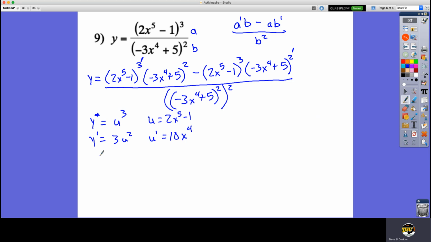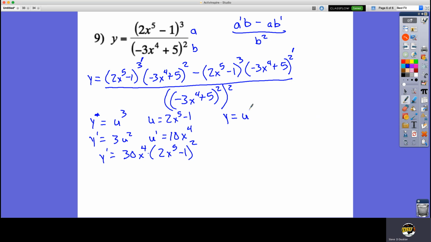All right, so we multiply these together. Y prime is 30x to the 4th times 2x to the 5th minus 1, that whole thing squared. All right, any questions with that one? Then we've got to find the derivative of the last one there.